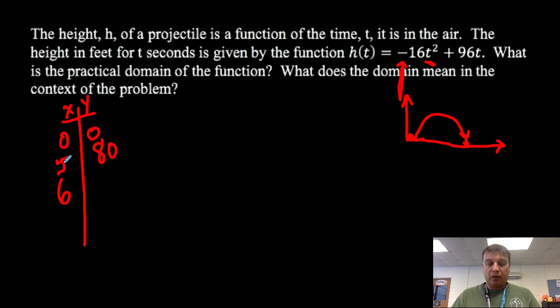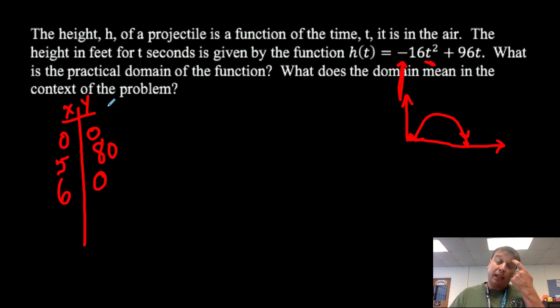Let me get out of the mode that I'm in. So I'm going to re-enter the exact same thing that I did before. -16 times 36 plus 96 times 6, and I am right back to 0 again.